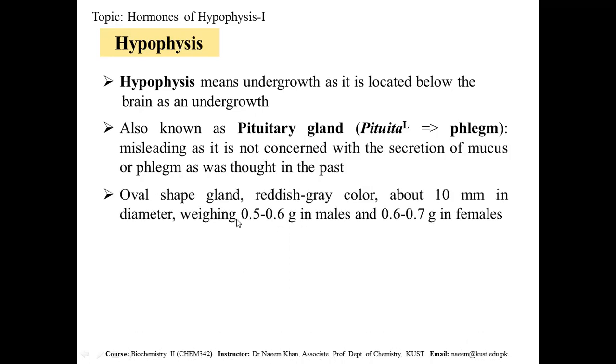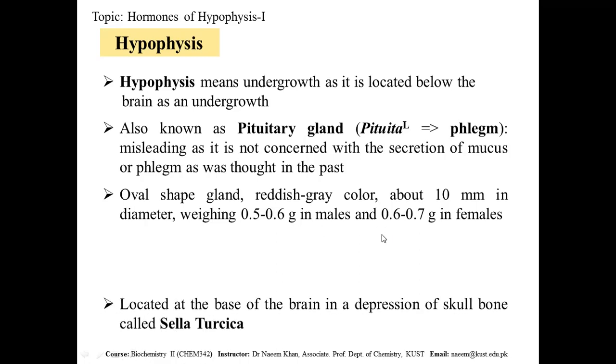This is an oval-shaped gland, reddish gray in color, about 10 millimeters in diameter, and its weight is about 0.5 to 0.6 gram in males and 0.6 to 0.7 gram in females.